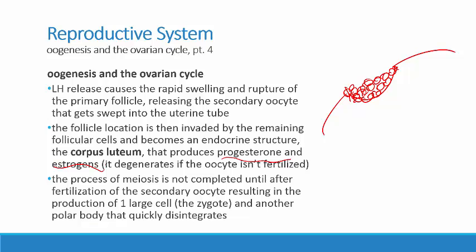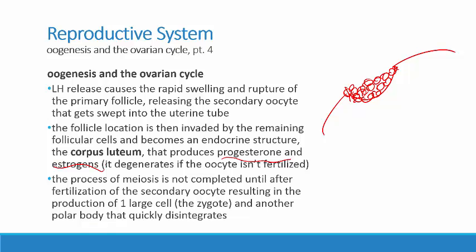If, on the other hand, fertilization occurs, the zygote develops, and that zygote implants in the lining of the uterus, then it sends signals back to the corpus luteum telling it, hey, keep going, we need the progesterone, and as long as the pregnancy is active, the corpus luteum will remain active as well.